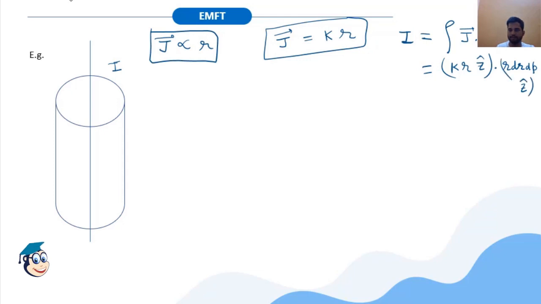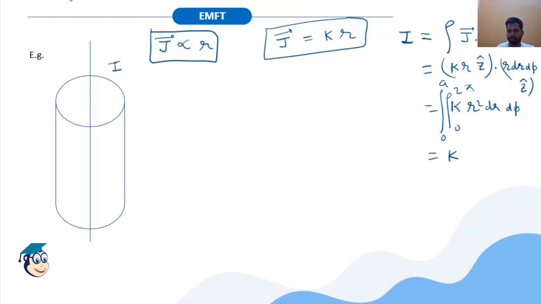Okay, Z cap dot Z cap is 1, so you will be left with k r square dr d phi, and integral is from 0 to 2 pi, and for r integral is from 0 to the complete radius a.